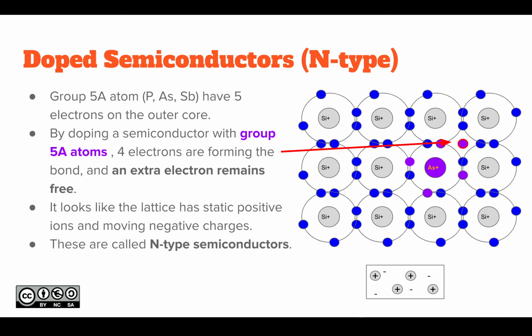So if you apply an electric field, meaning that you are conducting current through this material, then these free electrons are the charge carriers, but the material itself is still neutral in charge.